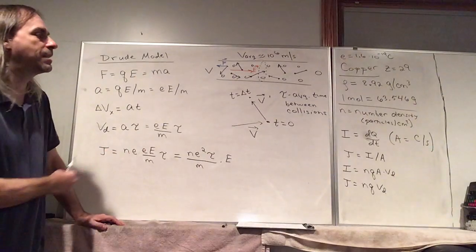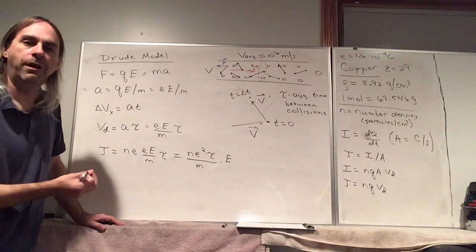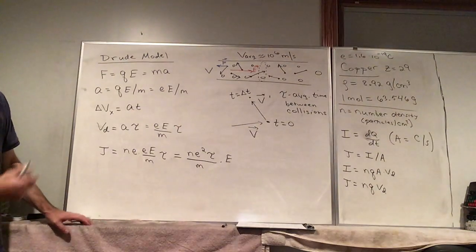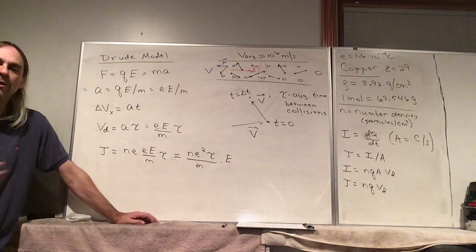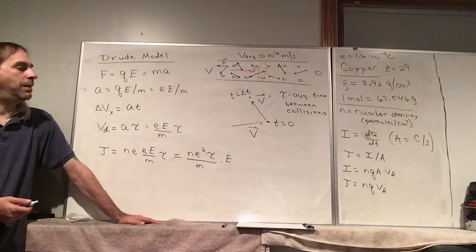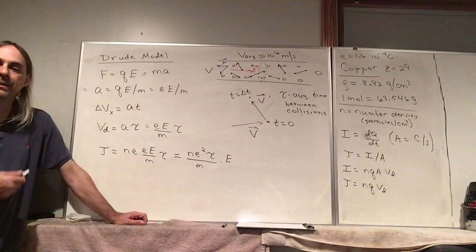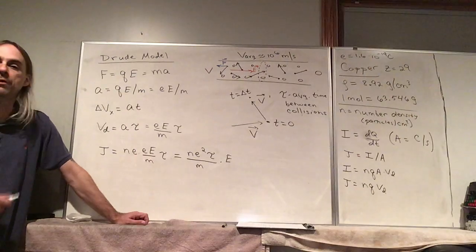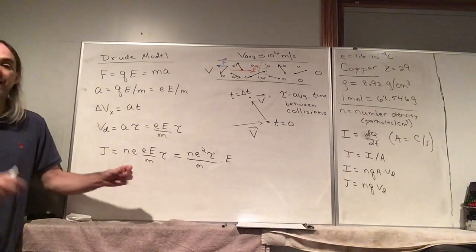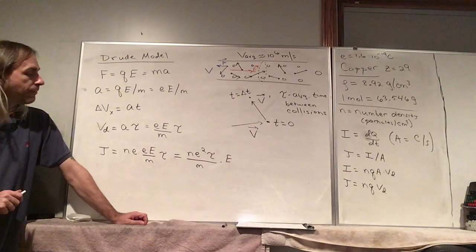So the drift velocity, that's a result of that electric field, has a very tiny effect on the overall velocity of these electrons. And yeah, so tau is a constant as well for any given metal. It would be different for different metals. The spacing between the atoms could be different, for instance.